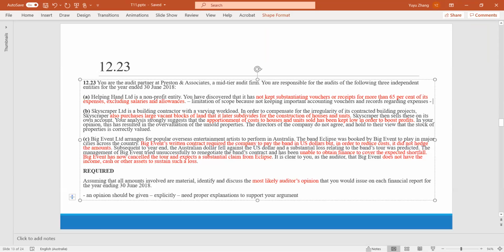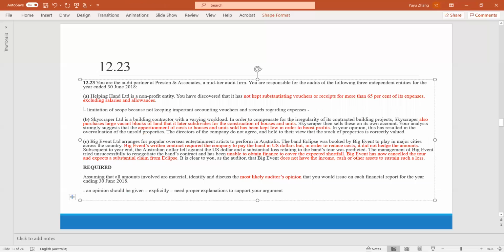One is material, the other one is not just material but extremely material, pervasive, right? Okay, so the pervasive level. So for situation A, do you think it is material? Yes. And also, do you think it is pervasive? What do we mean by pervasive?